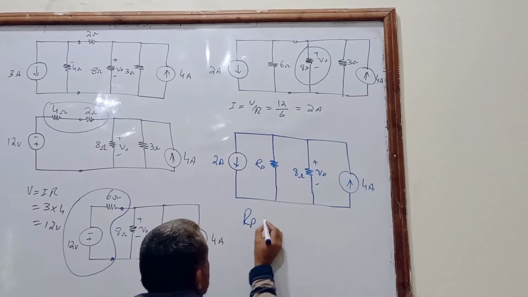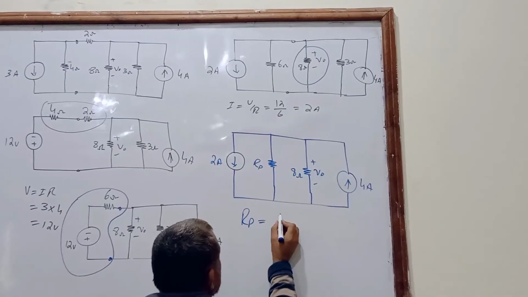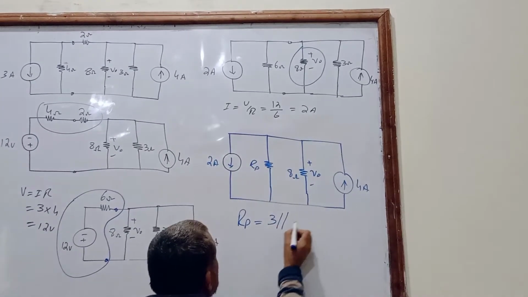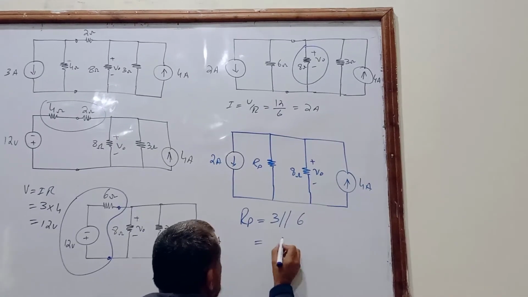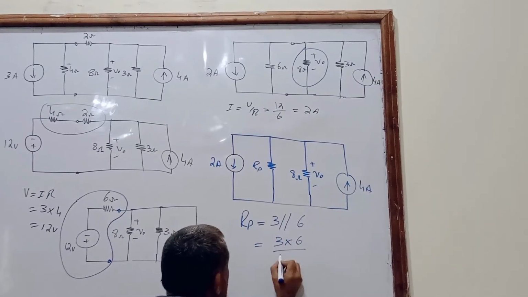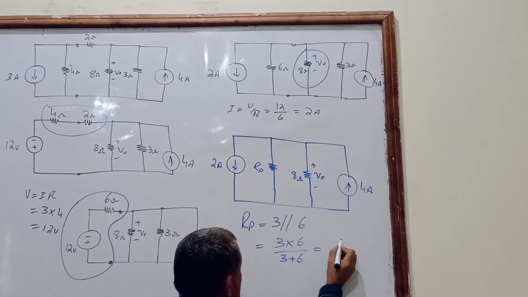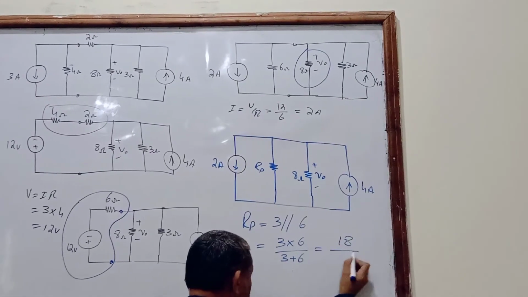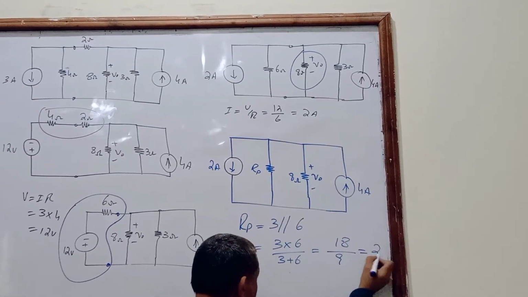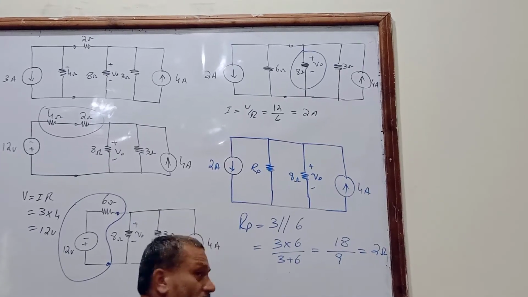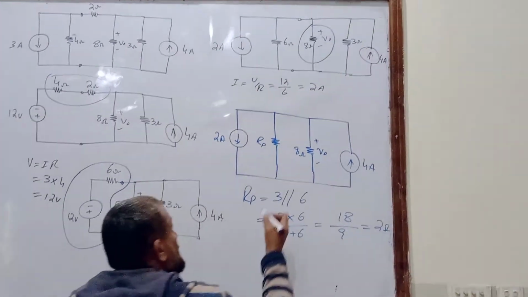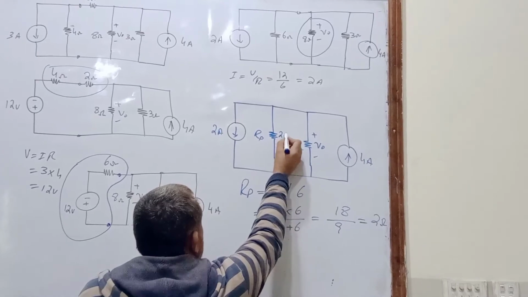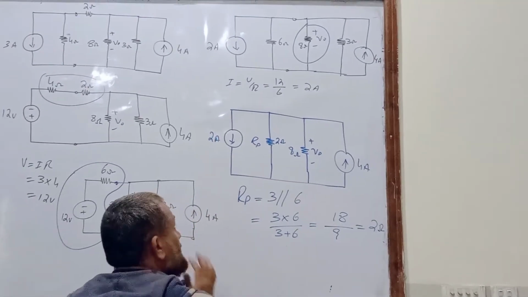RP is the parallel combination of 3 parallel to 6. That is equal to 3 into 6 divided by 3 plus 6, that is 18 over 9, and that is 2 ohm. Understand?